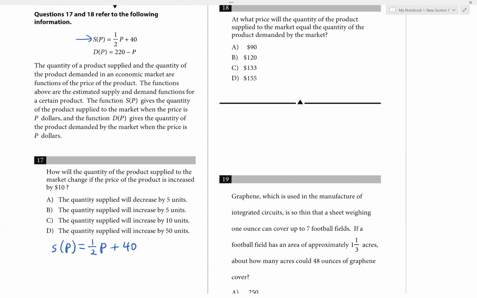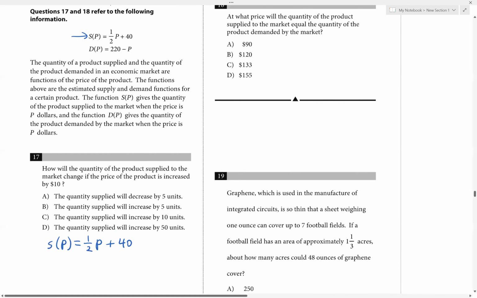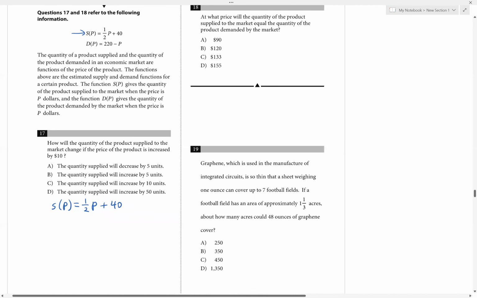All right, so what we can do is plug in some numbers. We can plug in an actual number for the price. Let's just make up some number. Let's just say P is 10. So let's say our initial price at the beginning is $10. Let's solve for the supply.